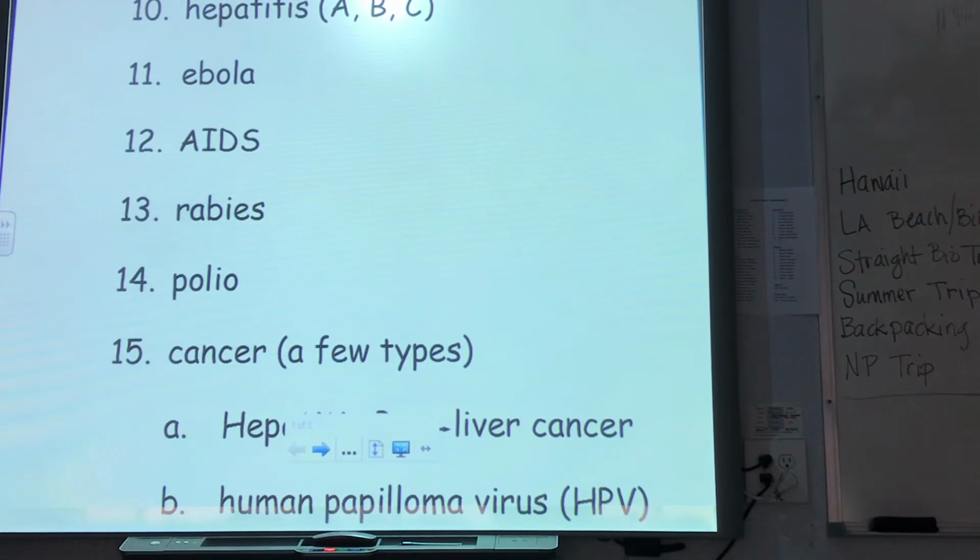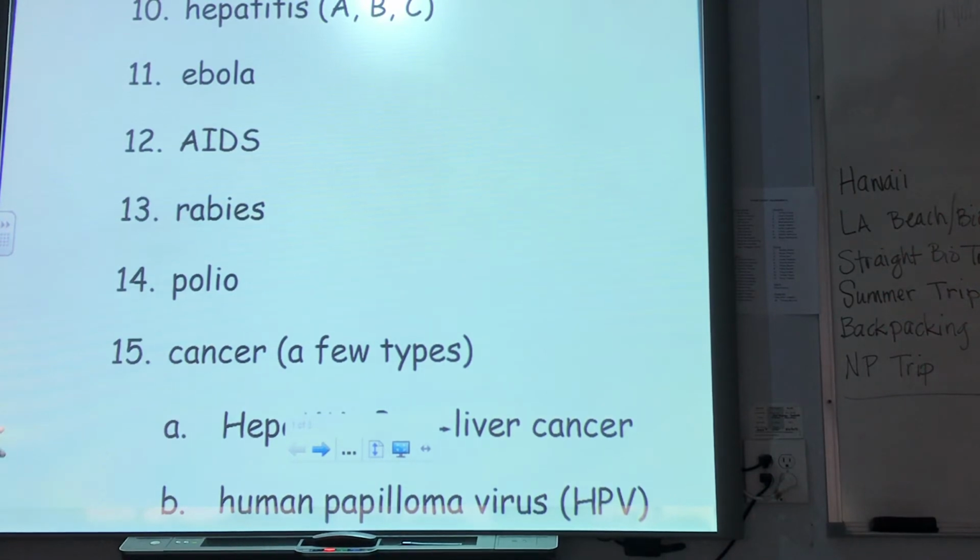Ebola, you've heard of, a virus that came out of Western, I believe, Africa, near the Ebola River. So Ebola virus is a really bad one. It's a hemorrhagic situation, meaning it just makes you bleed everywhere. It has a really high mortality rate, so Ebola is not one you want to get.